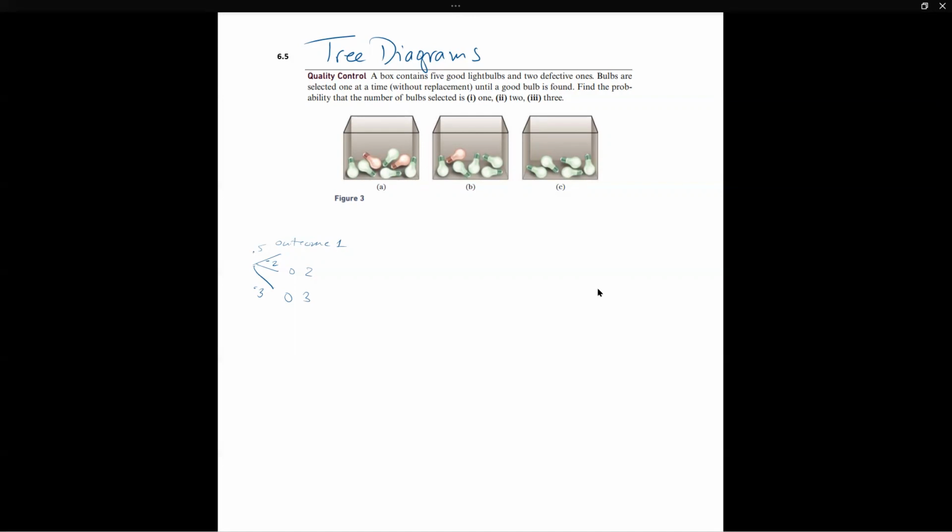Then after this, there is some other event happening, and once you get outcome 1, you could go to two other outcomes. Let's say outcome A and outcome B, and let's say this has probability 0.4 and this one has probability 0.6.